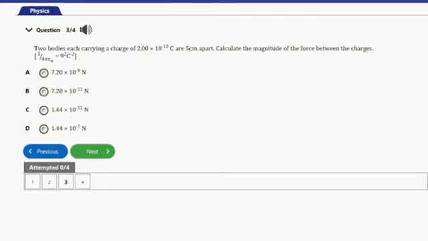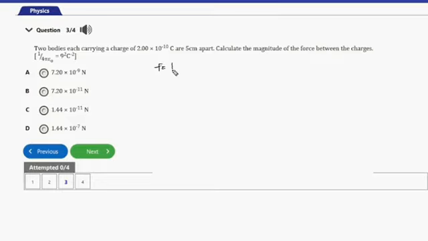There is a little error here, so let's just go ahead and solve this question together. Here we are still going to use the formula F is equal to KQ1 Q2 over D squared. Q1 and Q2 are carrying the same charge here. Remember we are trying to calculate the magnitude of the force.